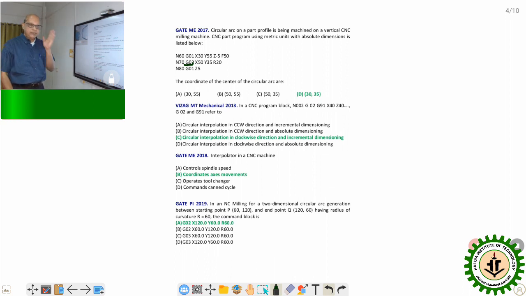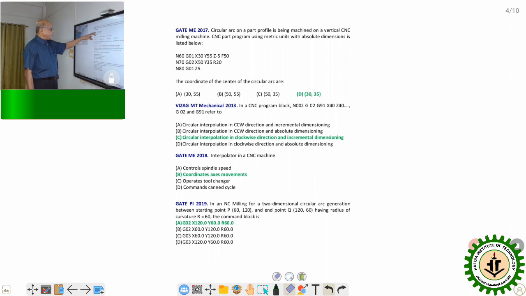G01 is straight line, G02 is circular clockwise, and G03 is circular counterclockwise or anti-clockwise. Since it is G02, we have to think about the circular interpolation following clockwise movement.